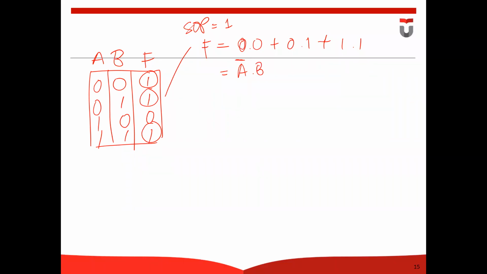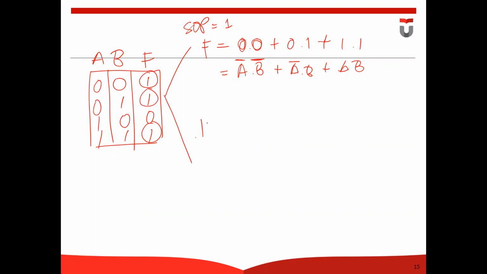And B, because this B is 0 and in SOP 1 is active, this is B naught, plus A naught B plus AB. That's it for SOP.